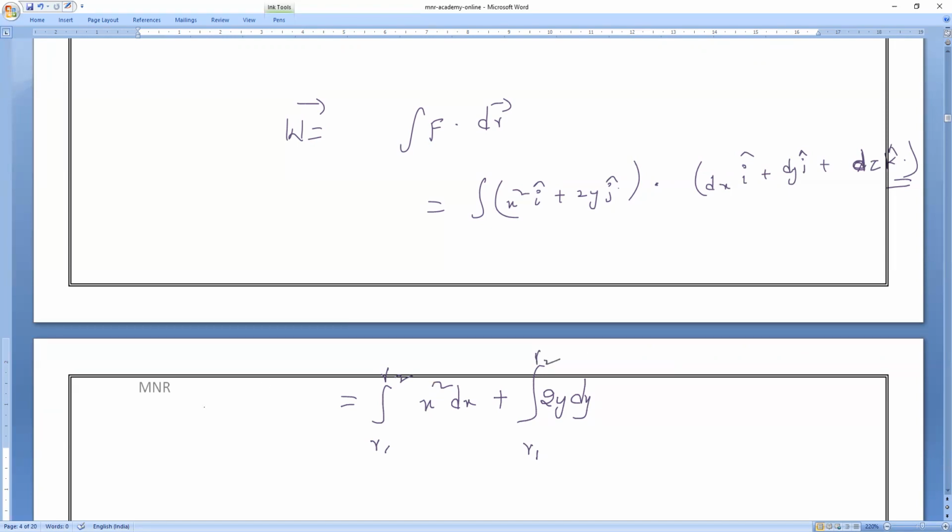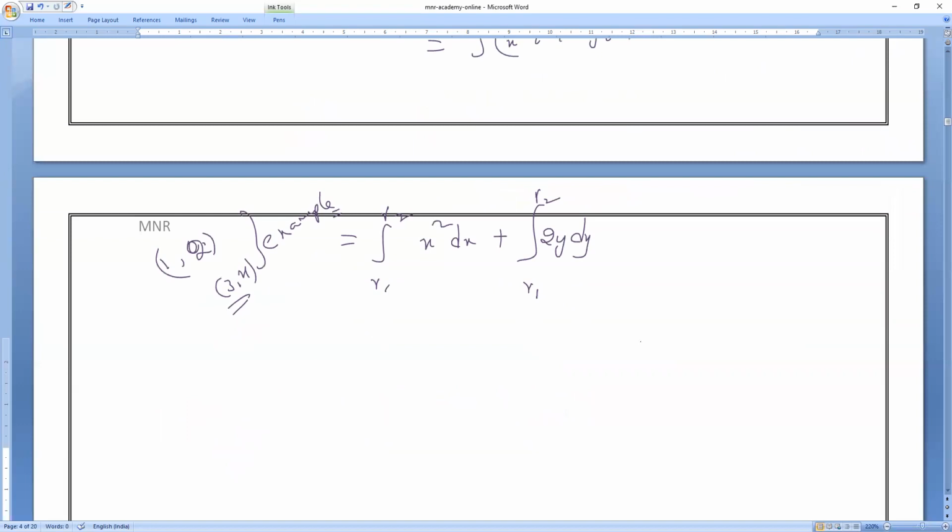Now the values they have given: what are they? It will move from where to where? From (1, 2) to (3, 4). If you observe, you can see x square dx plus 2y dy. So what is the answer? Work done equals the applied force into the displacement of the body.